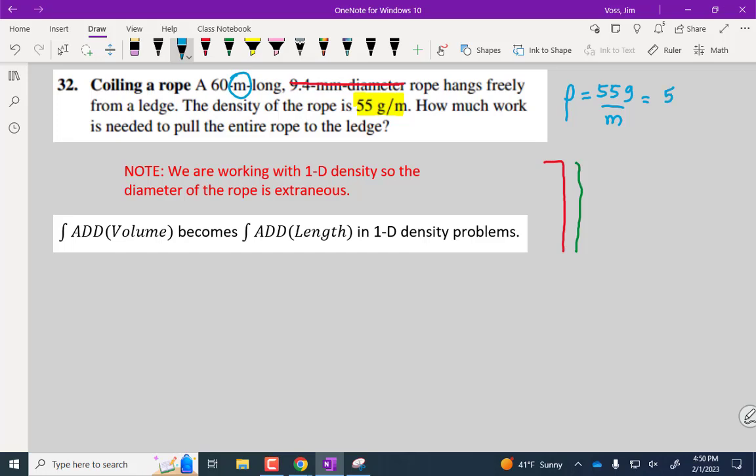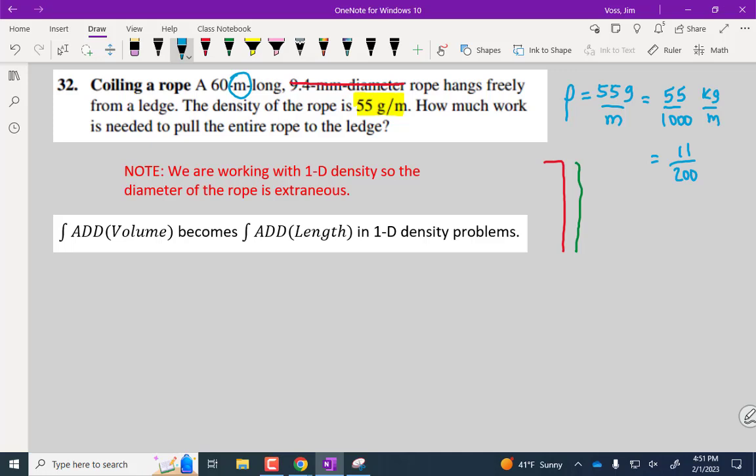We're going to have 55 over 1,000 kilograms per meter. And if we divide out the 5, we're going to have 11 over 200 kilograms per meter. So that will be the one-dimensional density. Yeah? I'm sorry, where'd you get that 1,000 conversion? Number of grams in a kilogram. Right, so 1,000 grams is 1 kilogram. So we're going to cancel out the grams and get kilograms.